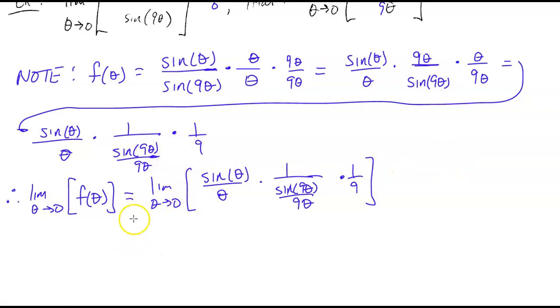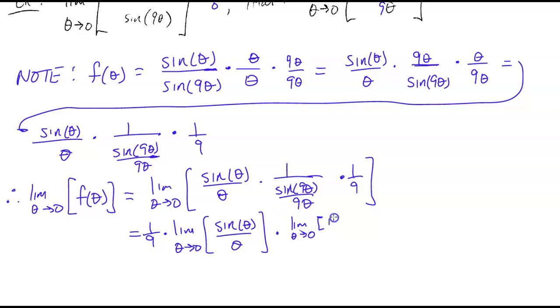And so what this will end up being is we'll rewrite this as 1/9 times limit as theta approaches 0 of sine theta over theta times, and now for this one we're going to do limit as theta approaches 0 of 1 over limit as theta approaches 0 of sine of 9 theta divided by 9 theta.